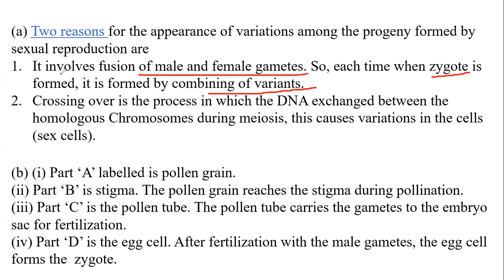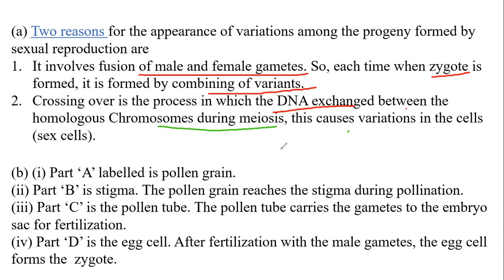So variation may be exhibited. Second, crossing over is the process in which DNA is exchanged between the homologous chromosomes during meiosis. This causes variations in the cells. One point is the fusion of male and female gametes to form a zygote, which is responsible for variations.